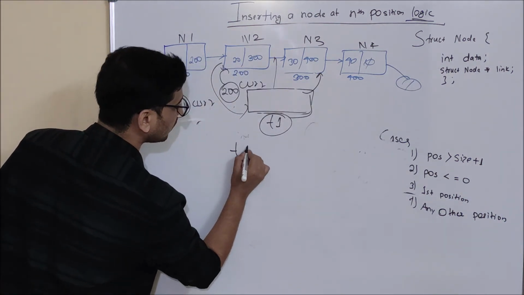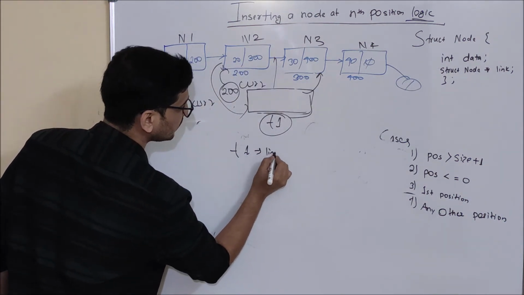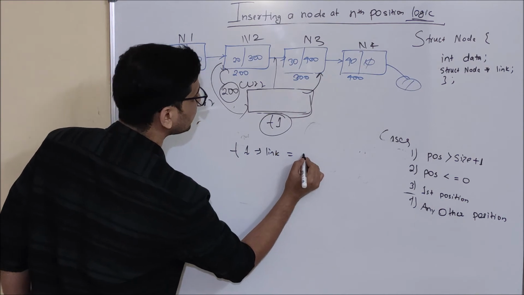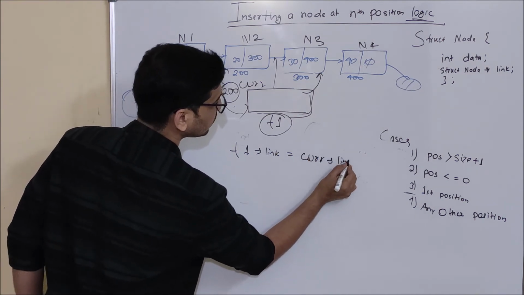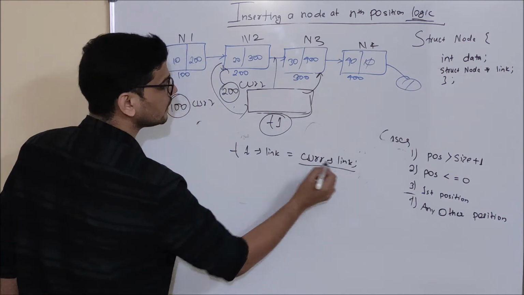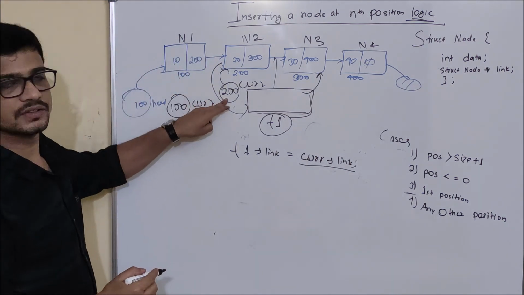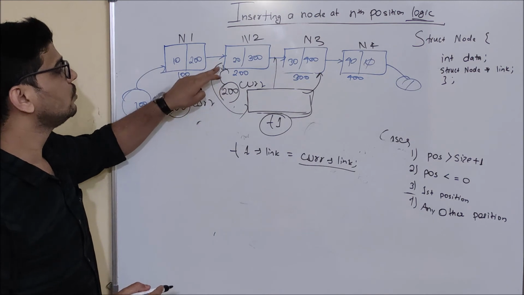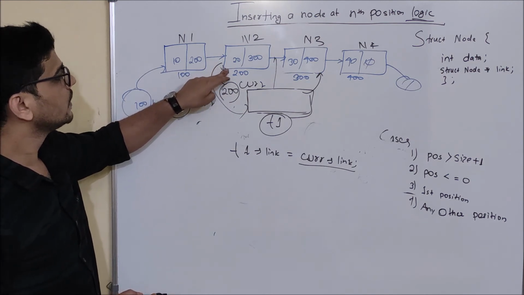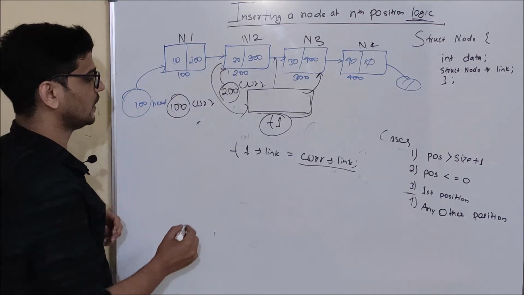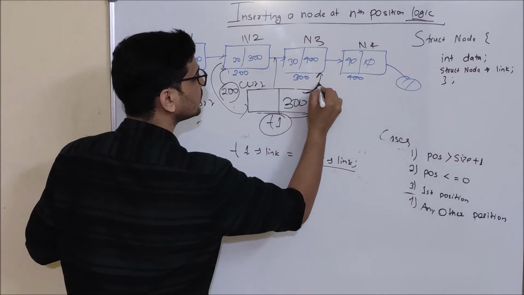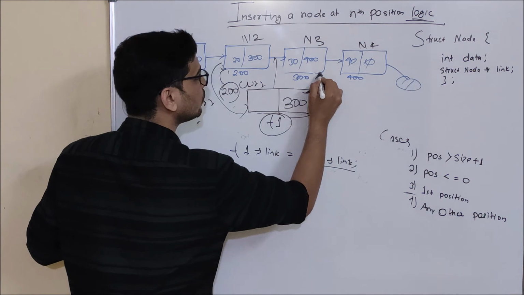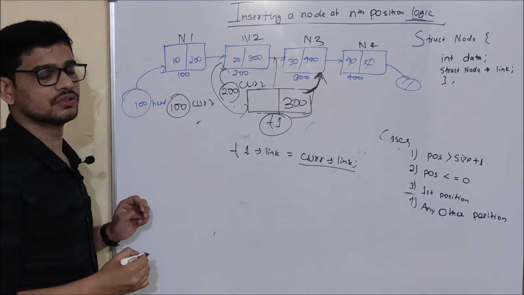First of all, T1 dot link part, I am going to update it with cur dot link. So what is cur dot link right now? Cur is containing 200, so cur dot link will be the link part of node 2. That is, here I am going to update 300. That is, this particular node will start to point to node 3.